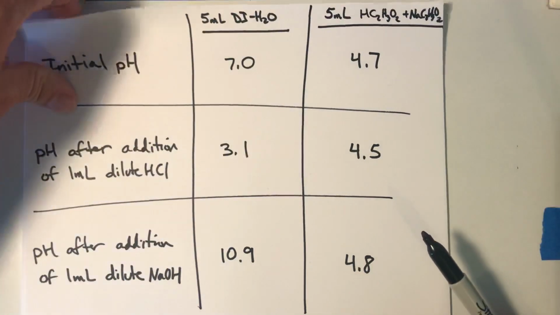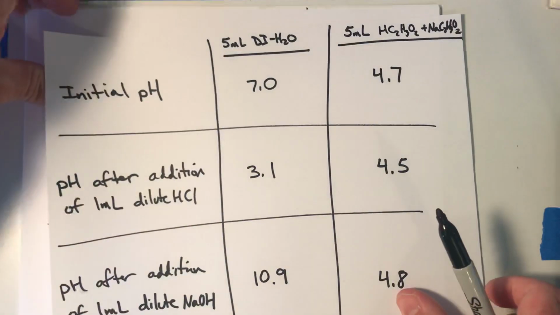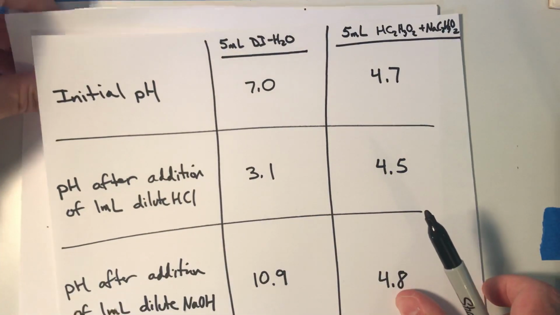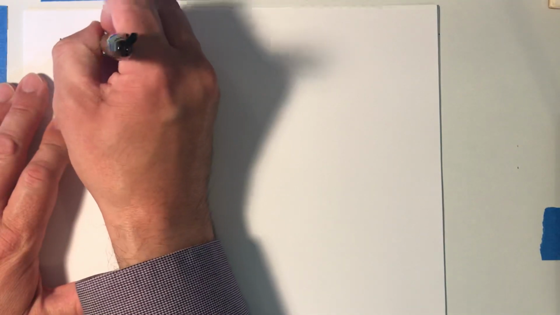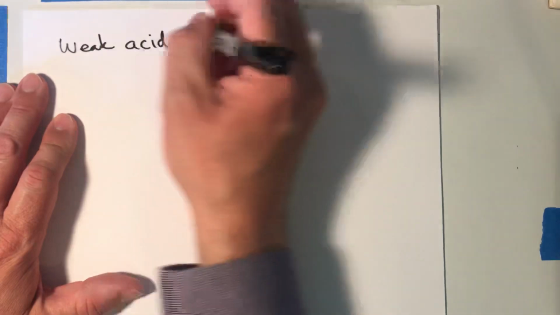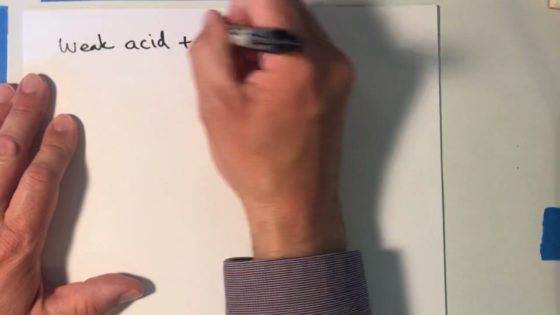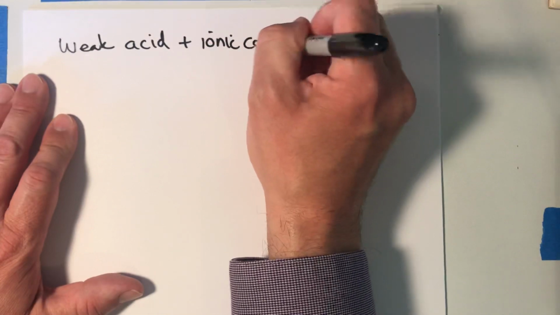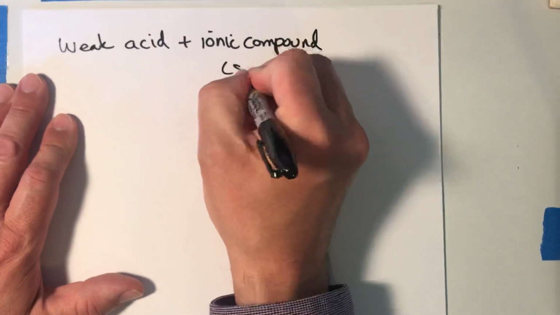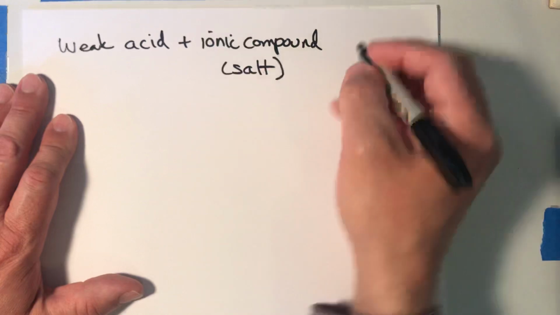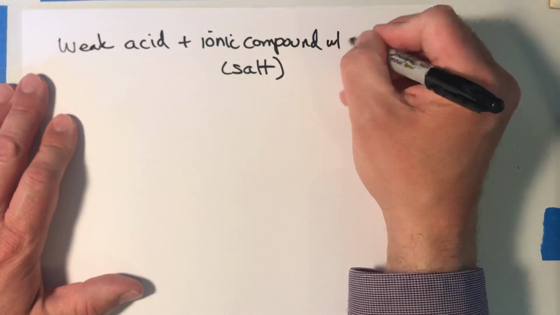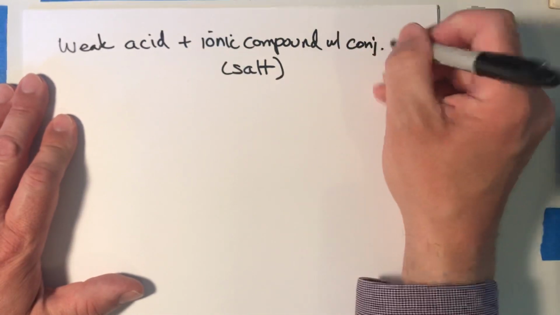So what's going on? Well, what's happening here is a phenomenon known as buffers, and buffers are generally found to contain two things. They contain a weak acid, and they contain an ionic compound, also known as a salt, containing the conjugate base of that weak acid.